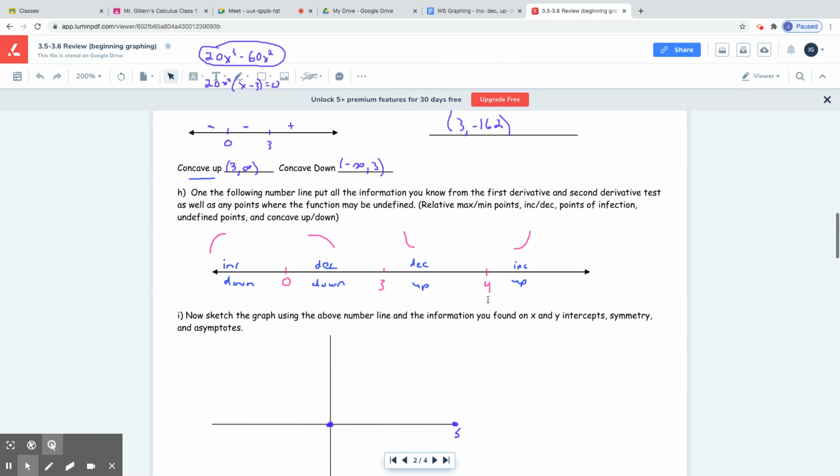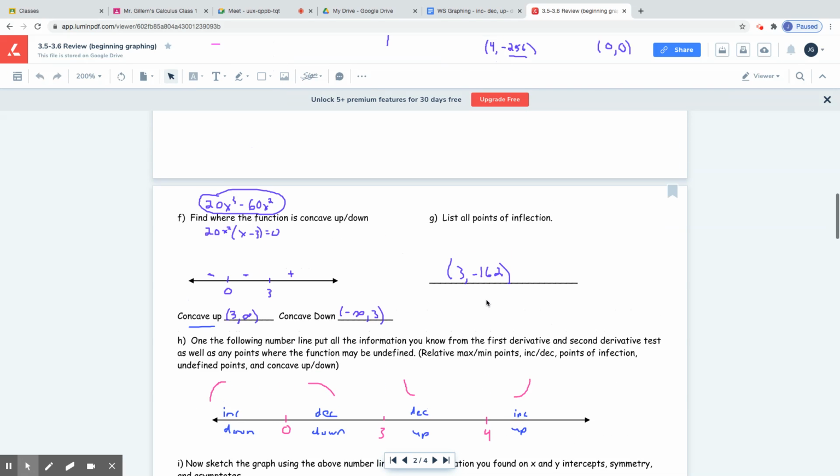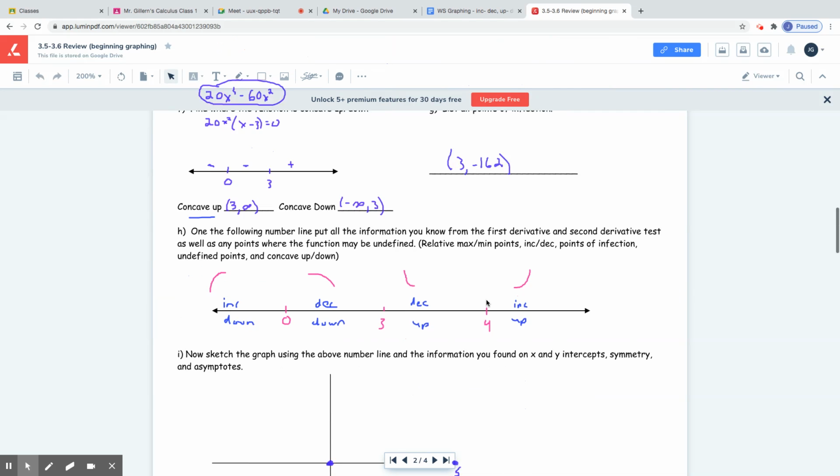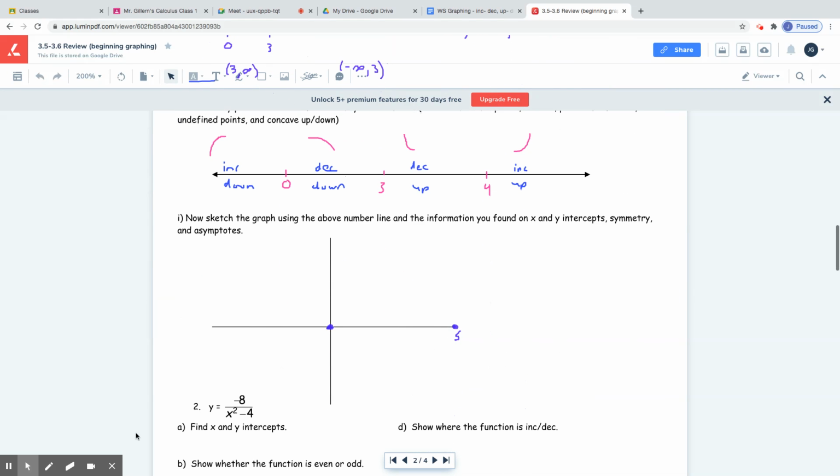And our point of x was 3, negative 162. (4, -256) was a relative min. So how do I put that on there? Put a spot here for 4, and then just put it down here, negative 256. That's all you have to do. And there you go, (4, -256) is right there.